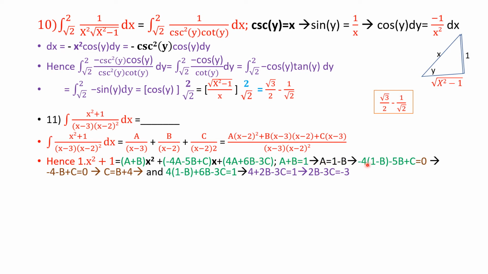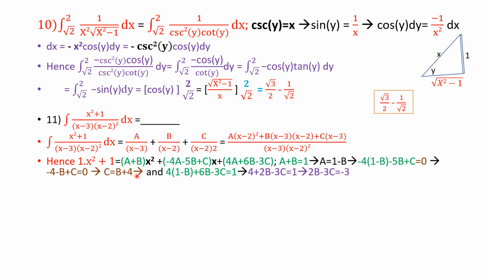So for the coefficient of x, we replaced a by 1 minus b and we have this value. Now we can do the math and this will be equal to 0. And this implies that negative 4 minus b plus c equal to 0. This will imply also that c equal to b plus 4.